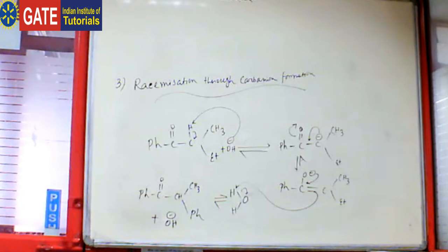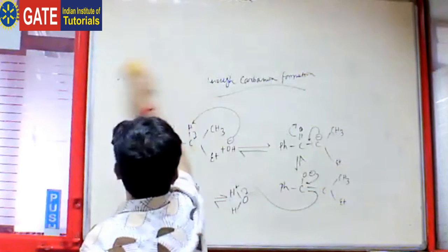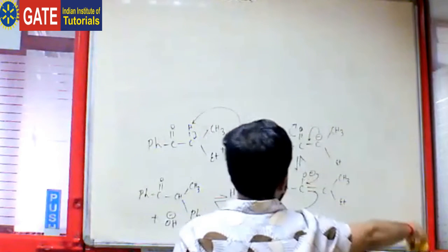Okay, now I'll give another example. Tell me whether the same thing will happen or not. If this is the case, you tell me whether racemization will happen or not.